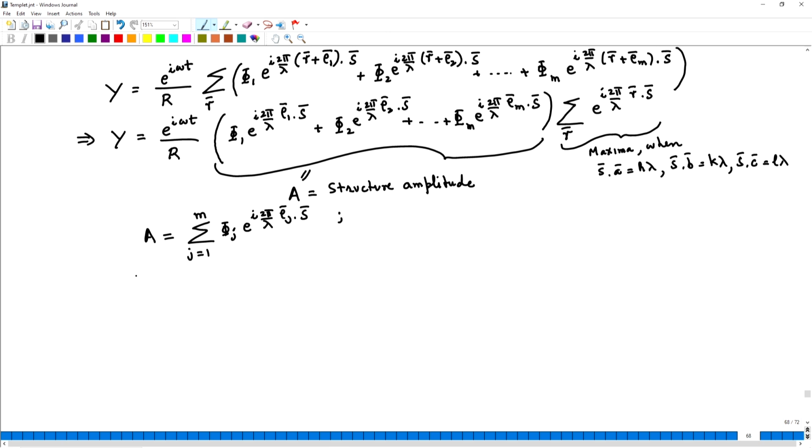Let us write rho j in crystal space, because rho j gives me the location of the atoms inside the unit cell. So, rho j in crystal space is very simple.